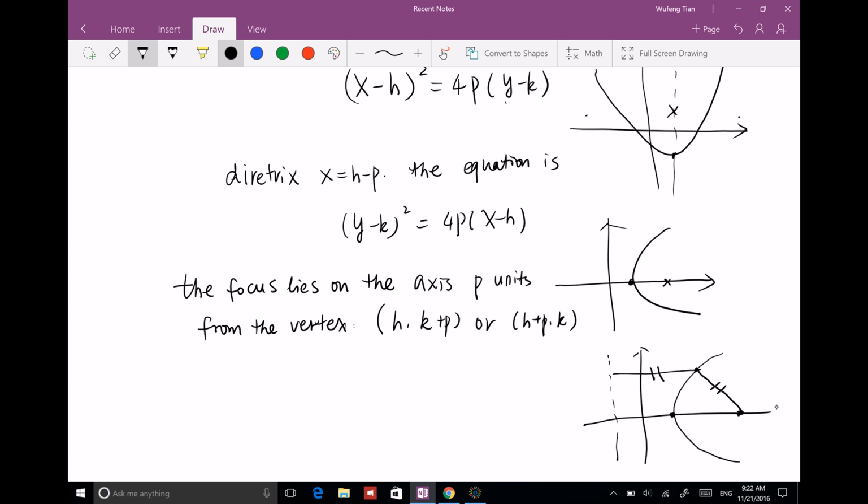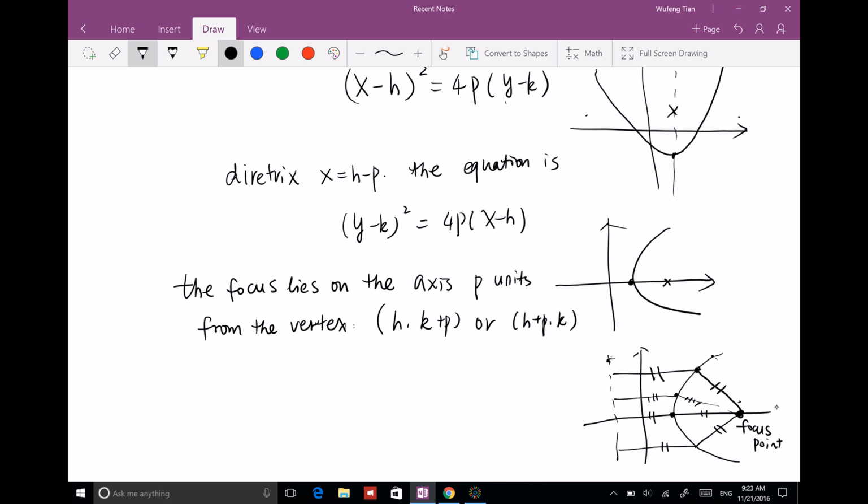No matter where you go, this distance is always equal. From the focus point to the function value, the distance is always equal to the distance from the directrix to the function. So wherever you go, from this point to the directrix is always equal.